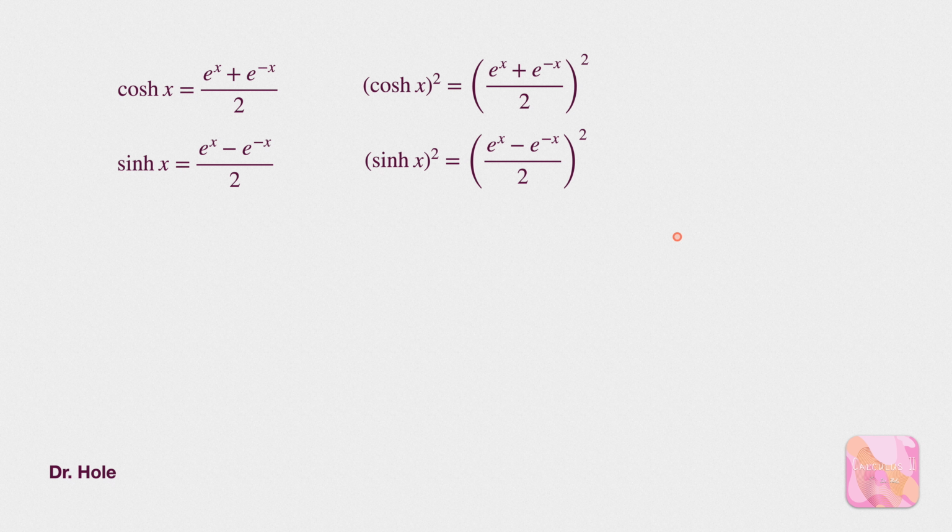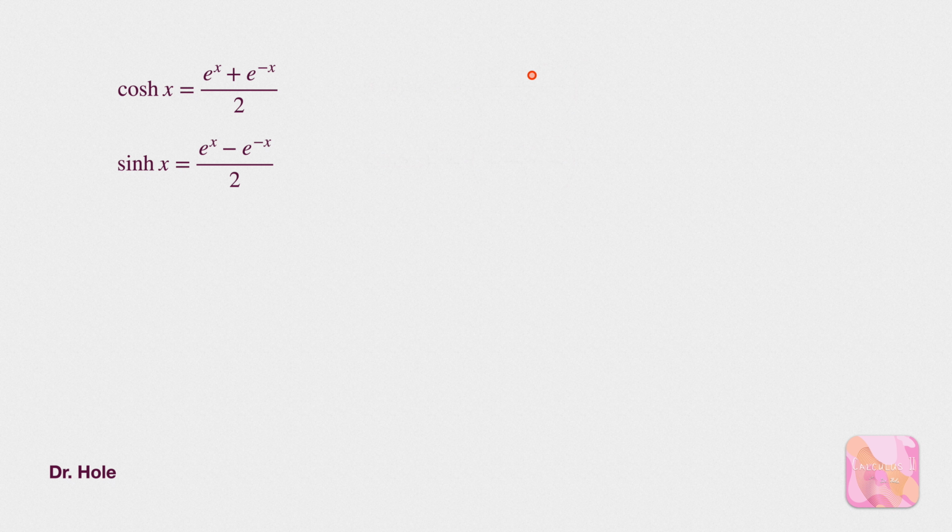So we take the definition in terms of exponentials and square either side. All right, so the real work is going to be in squaring the numerator. Let's separate that out. Bring out the 2 quantity squared in the bottom, and then consider this binomial squared.